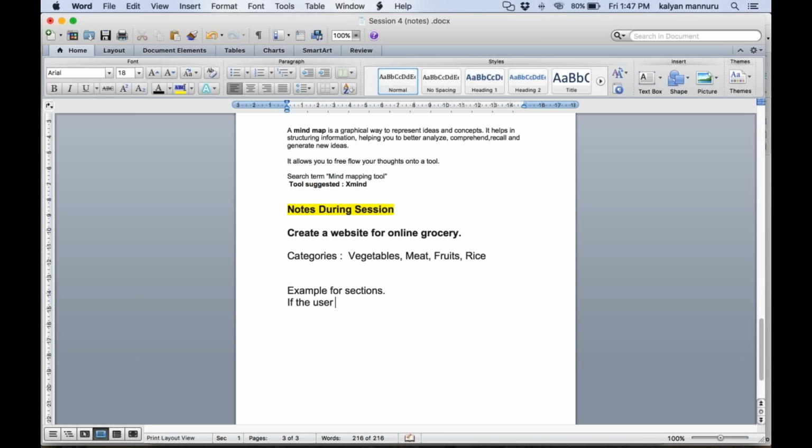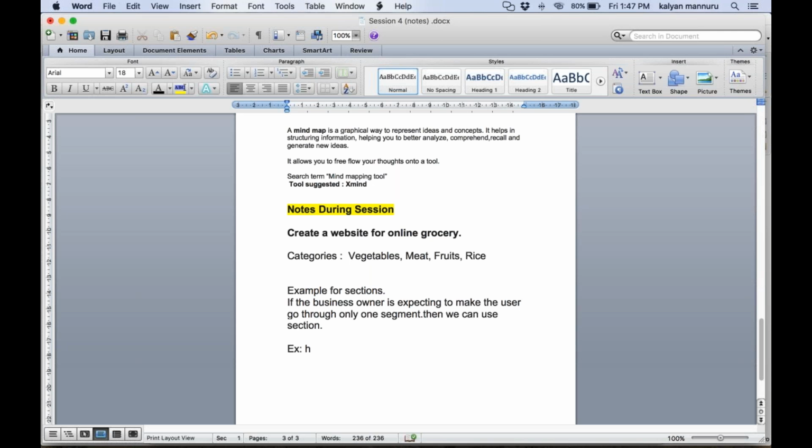If the business owner is expecting to make the user go through only one segment, then we can use sections.